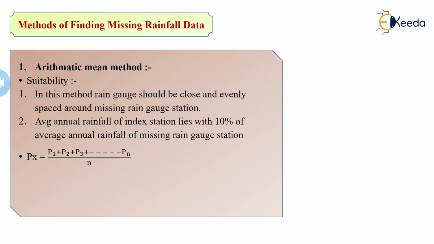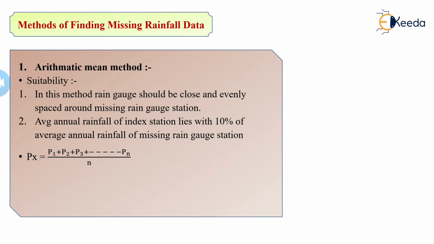Means we have 5 rain gauge stations in a catchment area, and amongst them one is not working. So here small n is equal to 4, and that single rain gauge station's precipitation is what we want to find out. So P_X of the missing station is equal to P1 plus P2 plus P3 plus P4 divided by the number of existing stations.